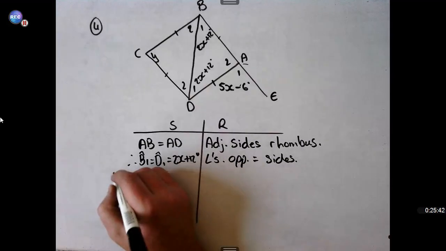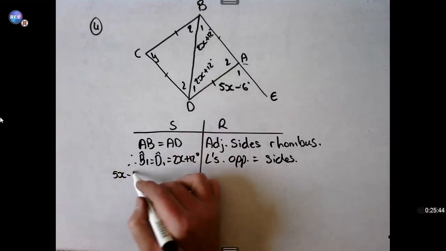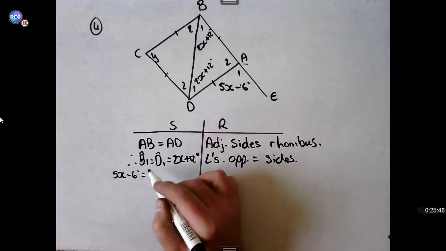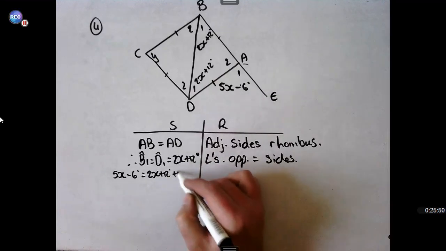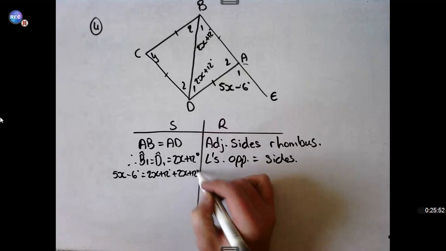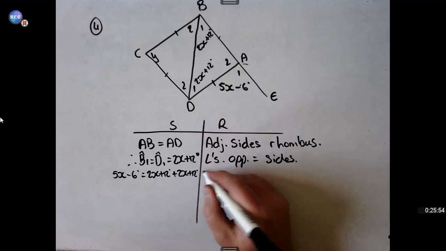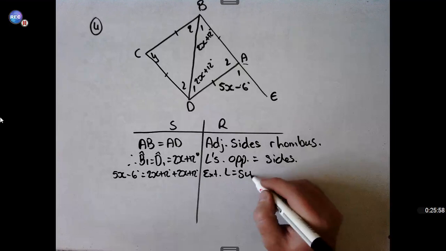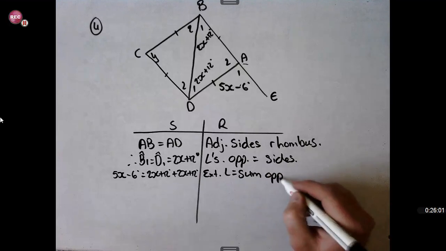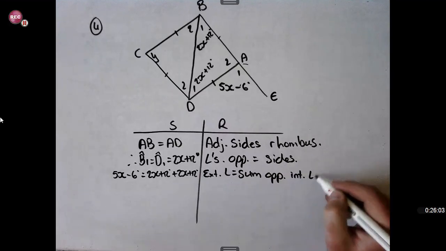So I say 5x minus 6 equals 2x plus 12 plus 2x plus 12 degrees. Your reason there would be exterior angle equals the sum of the opposite interior angles.